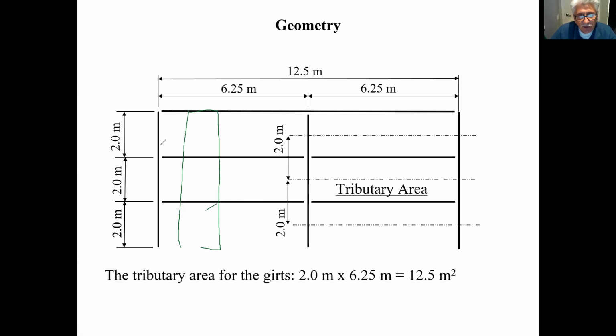So the girts basically support the wall. And the wall, you can assume, is going to get carried by the foundation wall here. So therefore, there's no load on the girt. The only thing that the girt has to worry about is the wind load that is pushing on the wall. So that's what we're going to design the girts for.